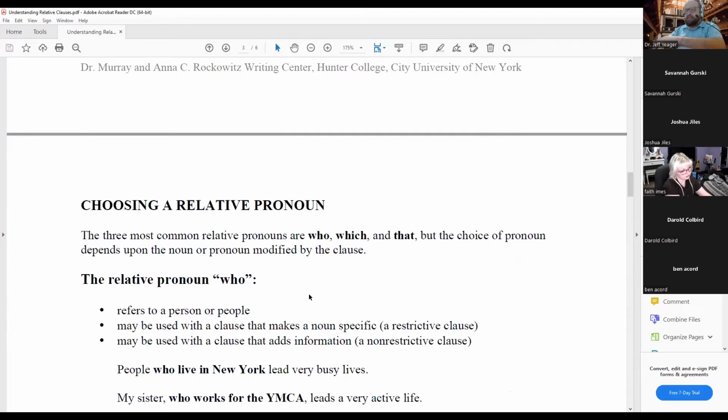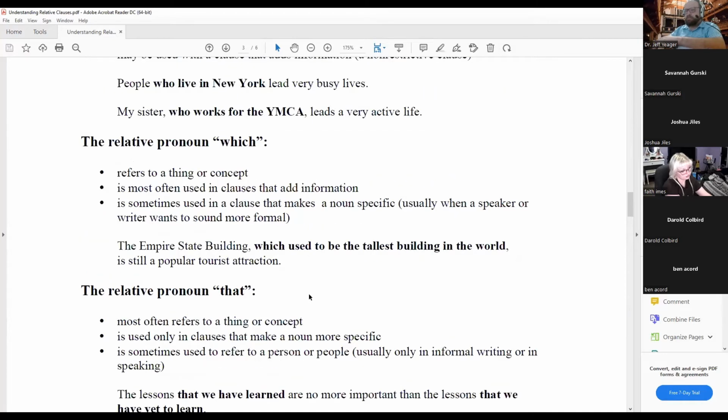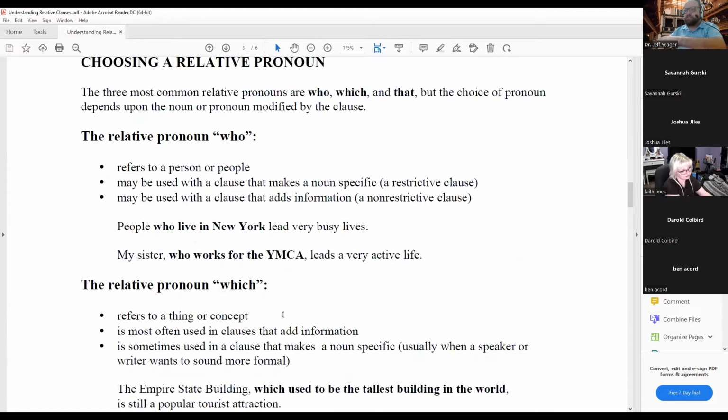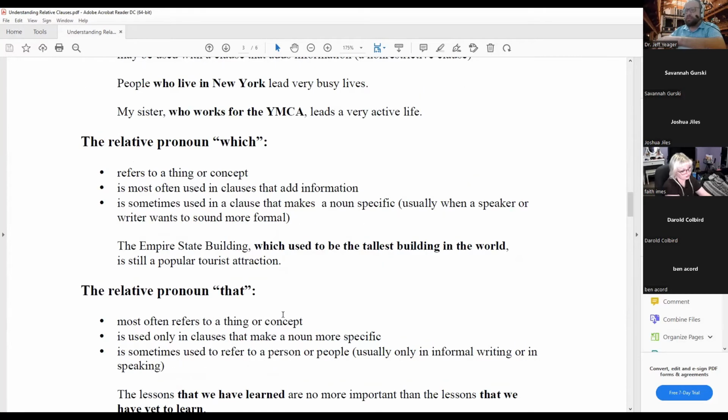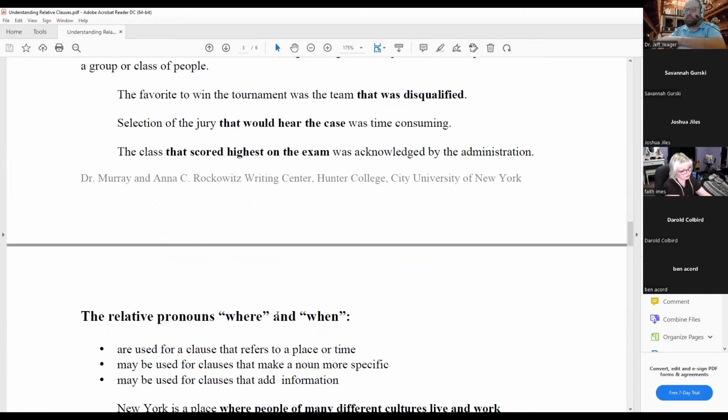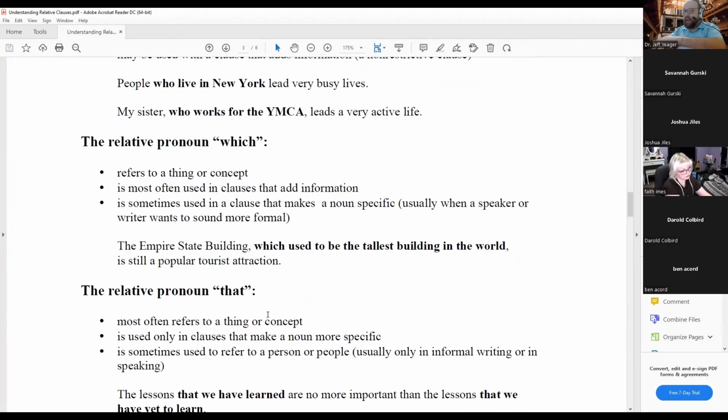And the main thing that you need to know here is when to use which and when to use that. That's where people often go wrong with the grammar of the situation. When do you use which? When do you use that?